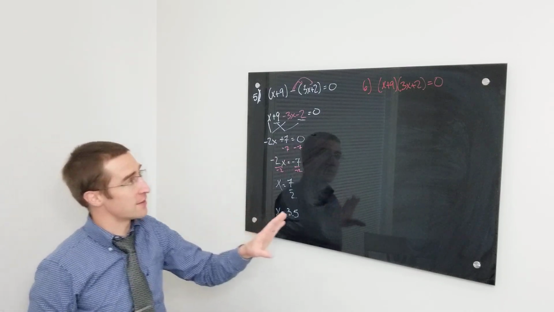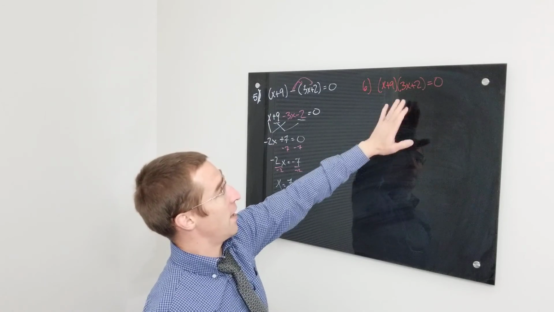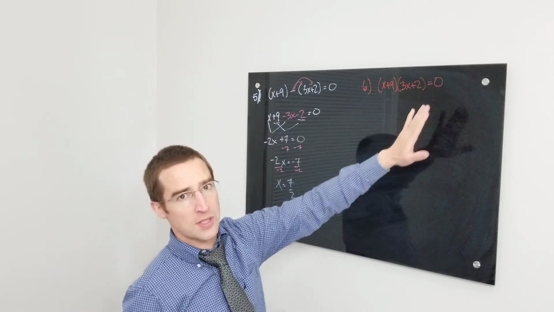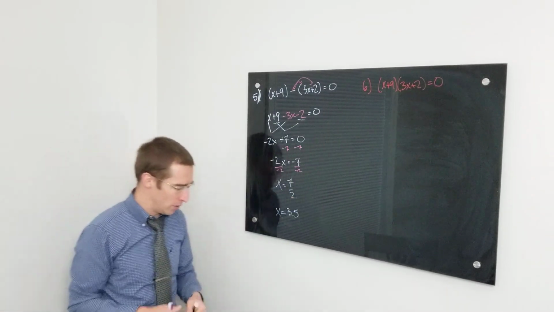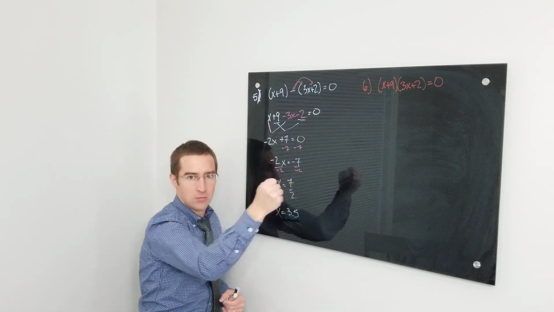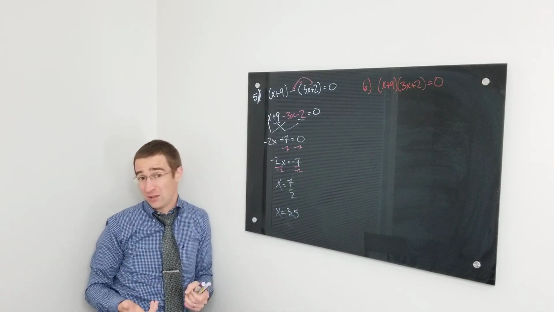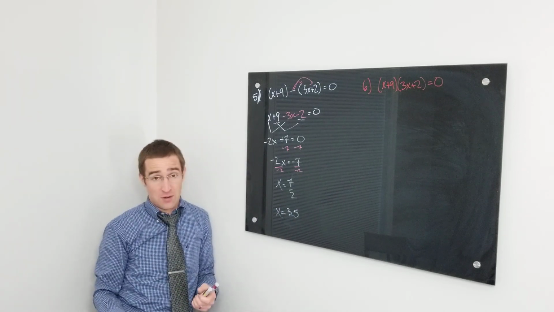So problem 6 is multiplication. x plus 9 times 3x plus 2 equals 0. And what do we remember about multiplication and the number 0? Anything times 0 is 0, right? Or 0 times anything is 0.